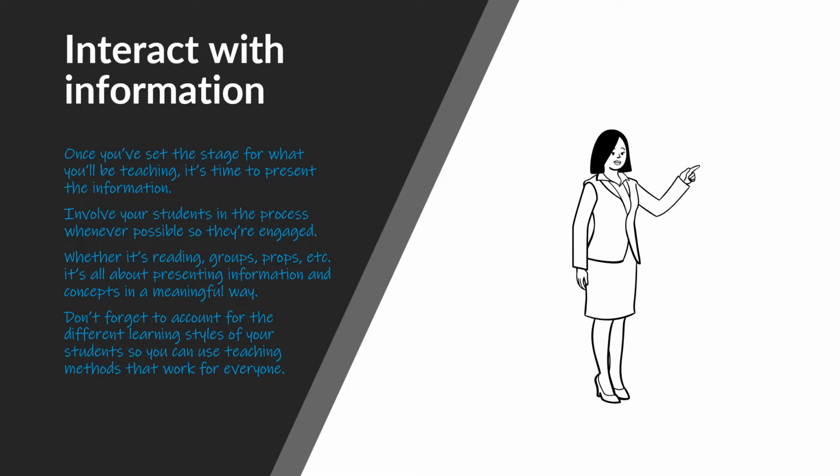But interacting with the information means that we've made those activities meaningful. It means we've applied them to the concepts that matter, and that the students, the trainees, the learners are actually working with the information we plan on getting across during the session that we're hosting.